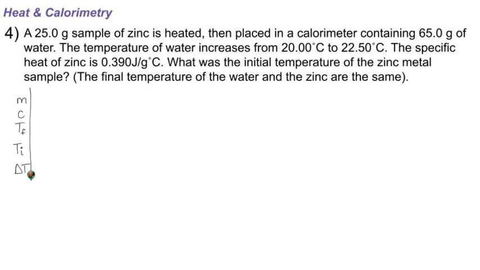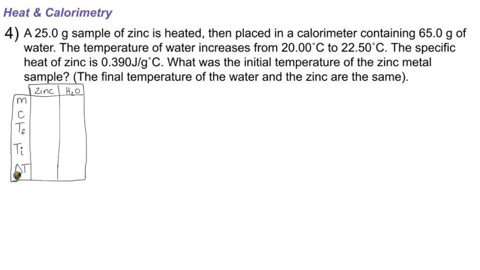We'll have this for the zinc, and we're also going to have this for the water. This is just a lot of information, and I think it helps in these calorimetry problems to organize the information before you start plugging things into an equation. So here is all of my information organized into a table format.